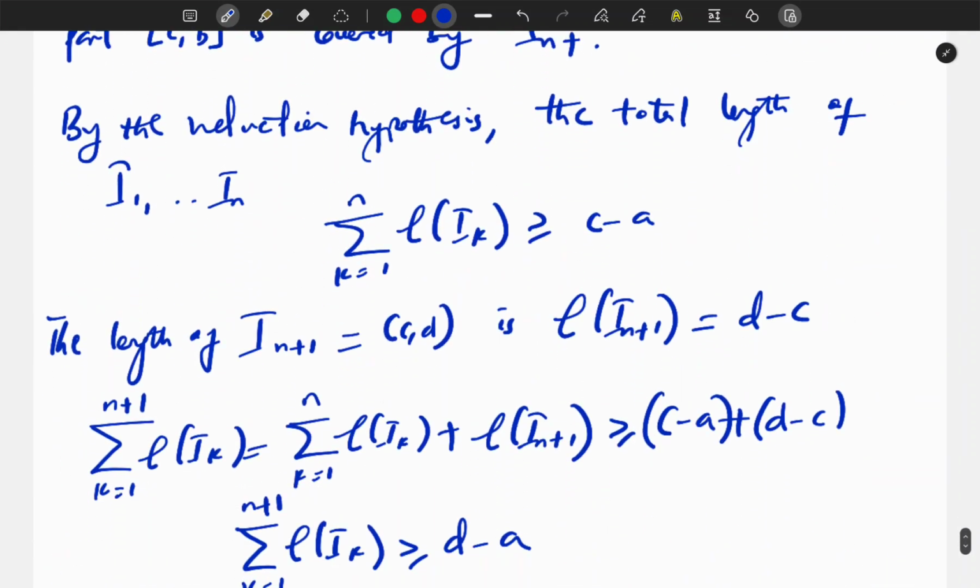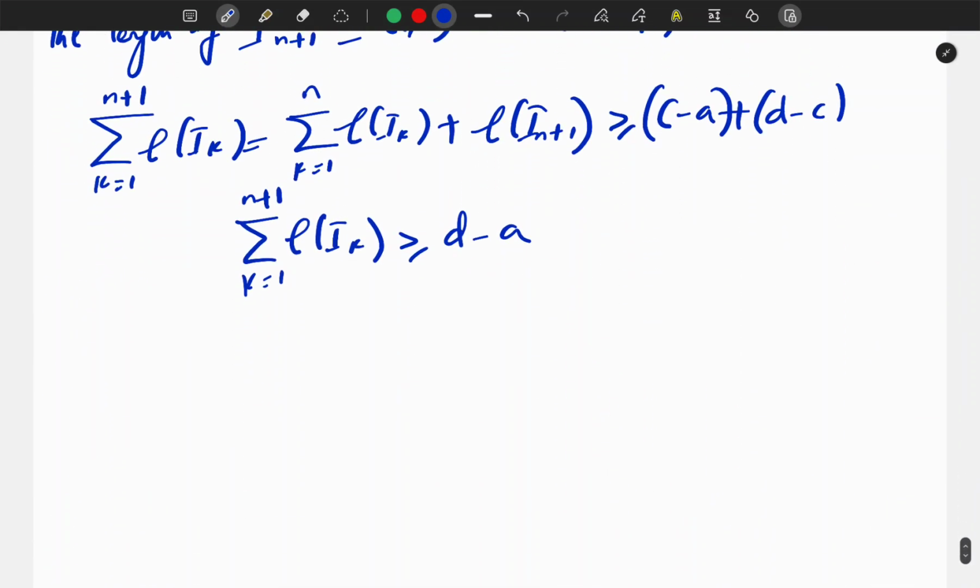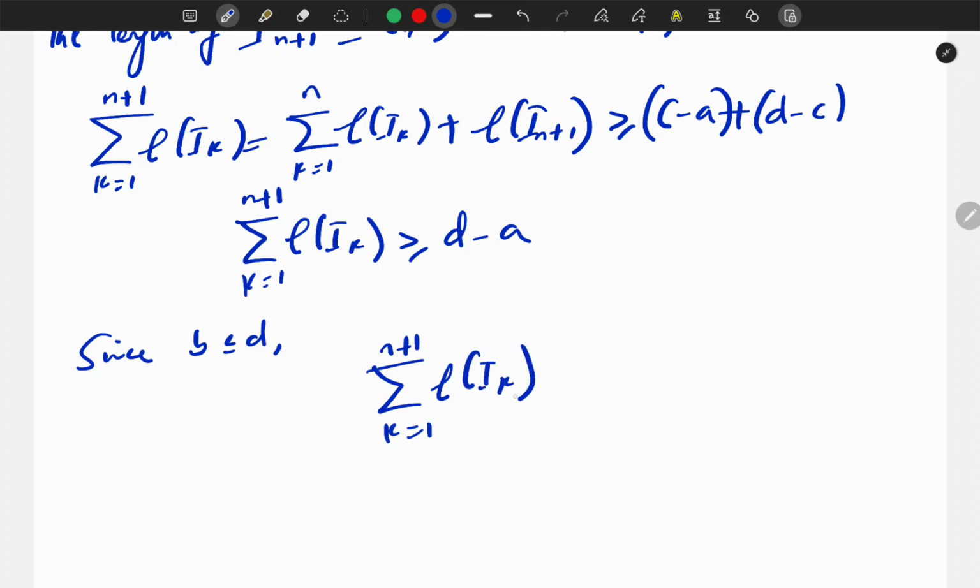And since we have b less than or equal to d, the summation k equals 1 to n+1 of length of Ik will be greater than b minus a. So this is what we did. We have a to d, then we have a to c.